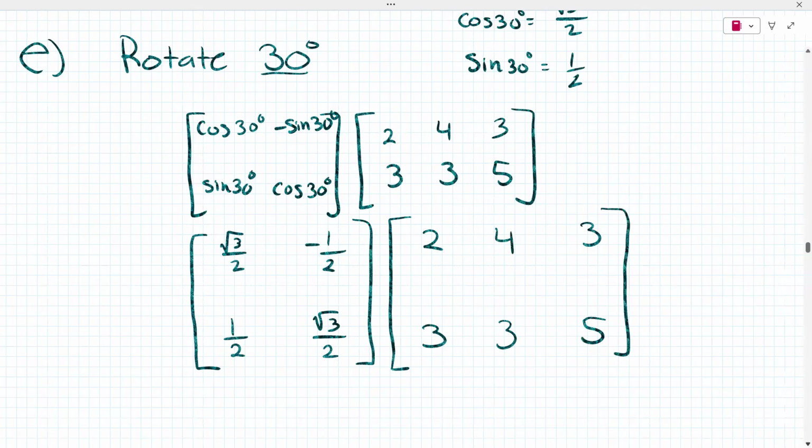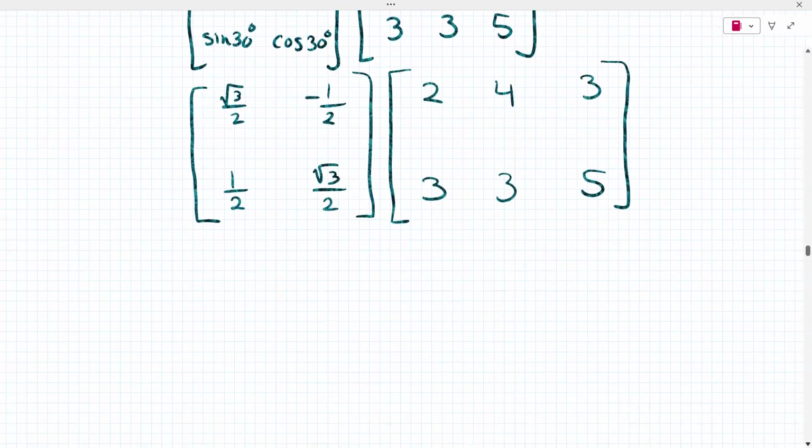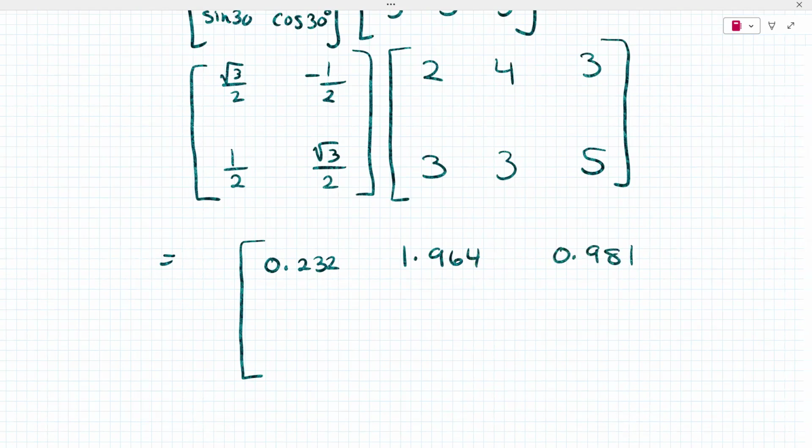And when you multiply out those two matrices, this is what you get: 0.232, 1.964, 0.981, then you have 3.598, 4.598, 5.830.